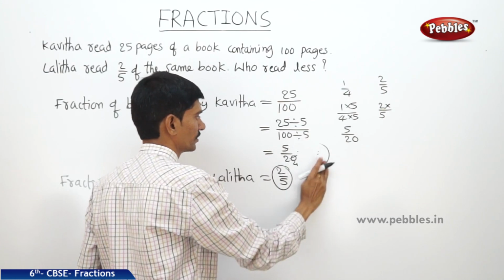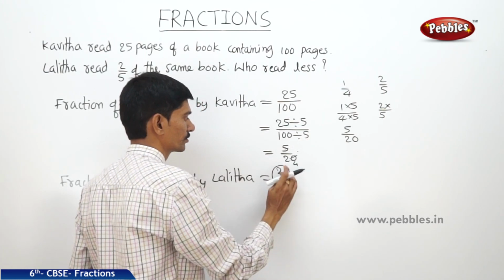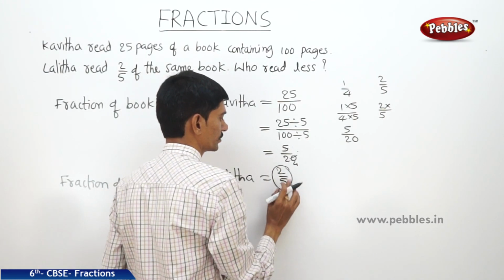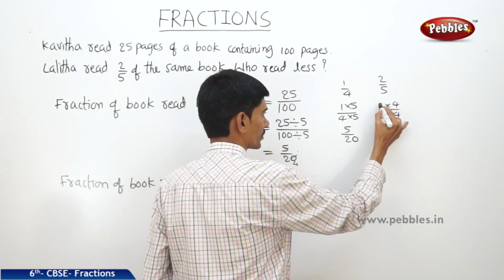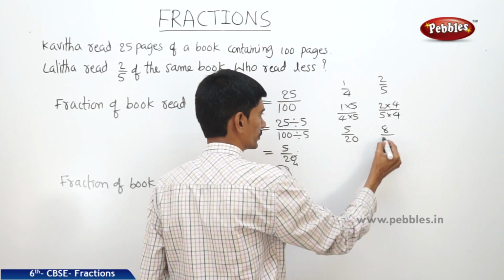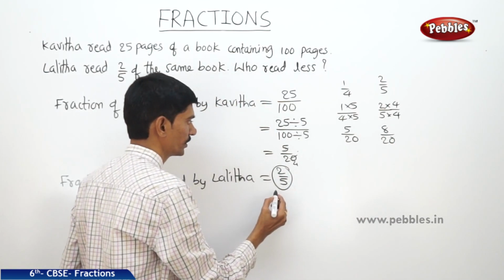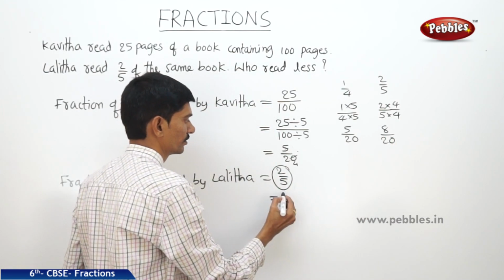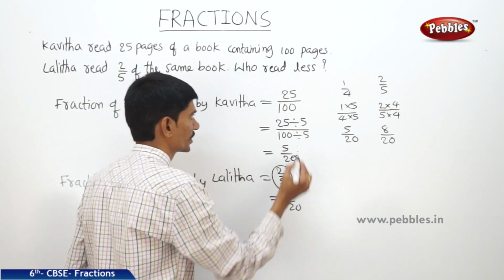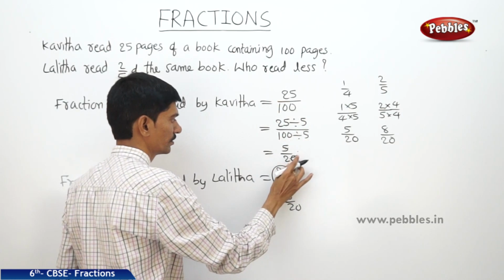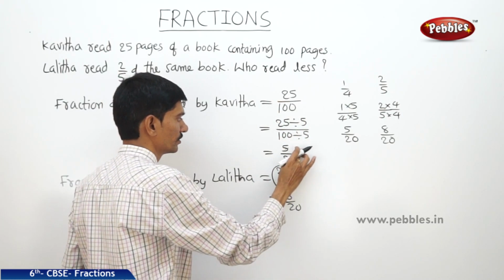And to make the denominator of 2 by 5 equal to 20, we multiply both by 4. So 2 4s are 8 by 5 4s are 20. So 2 by 5 is the same as 8 by 20, and 25 by 100 is the same as 5 by 20.